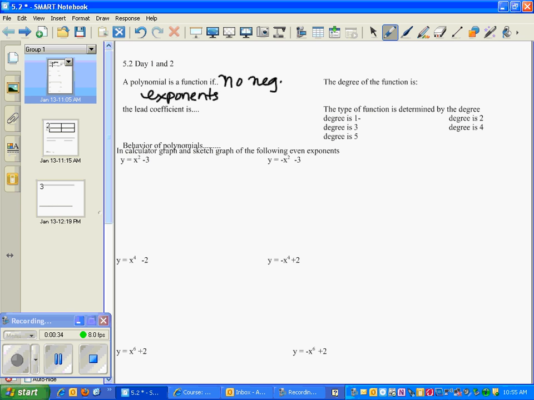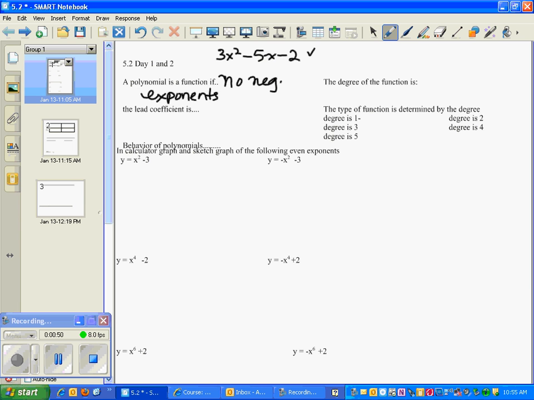So in other words, if I give you 3x squared minus 5x minus 2, all we're worried about are the exponents. Exponents are all positive, correct? So this one's a polynomial function.